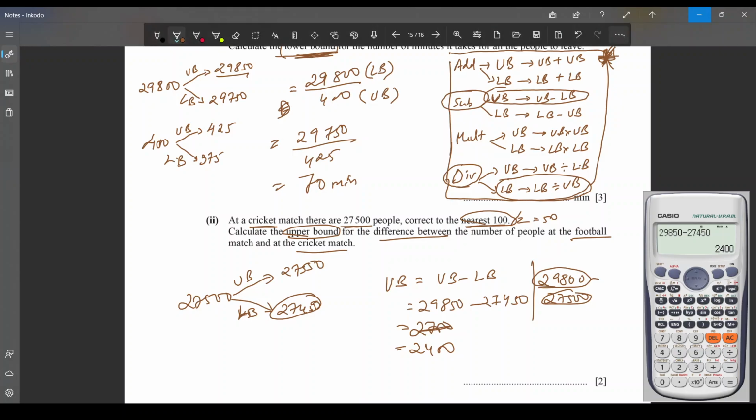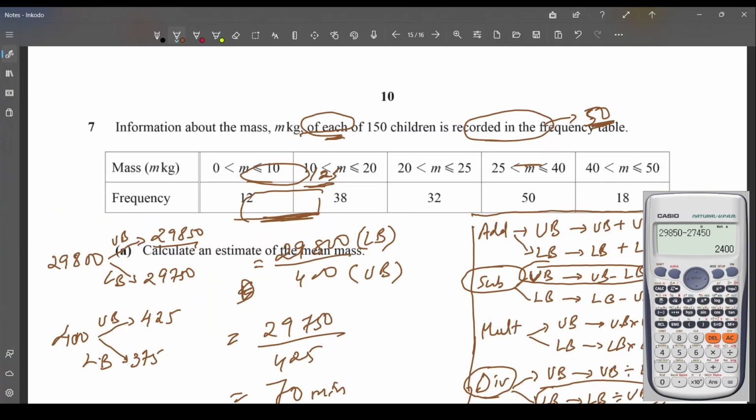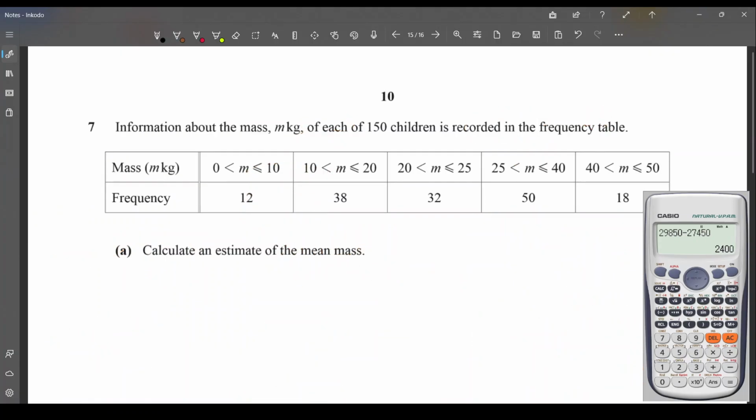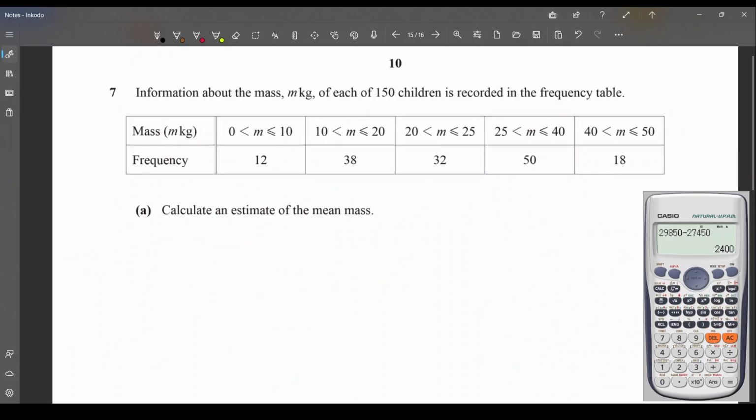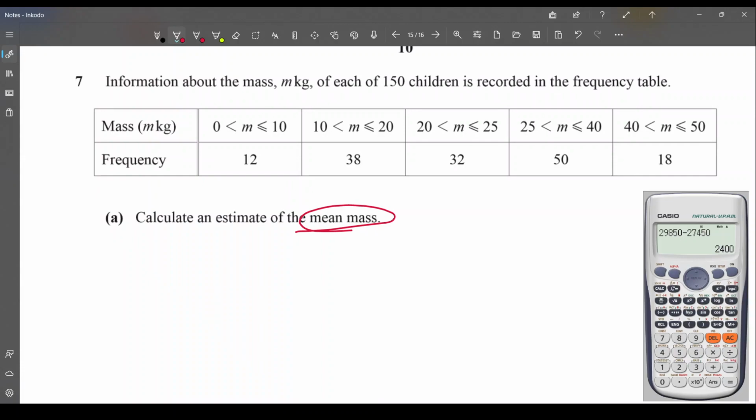For the next question, we have to calculate the estimated mean mass. Because this is in class intervals, we'll be finding the midpoints.